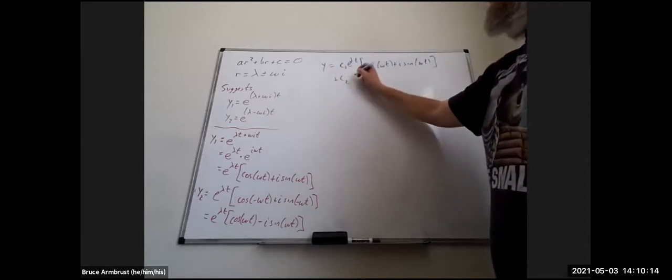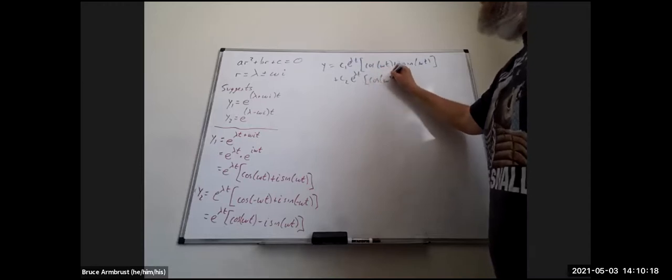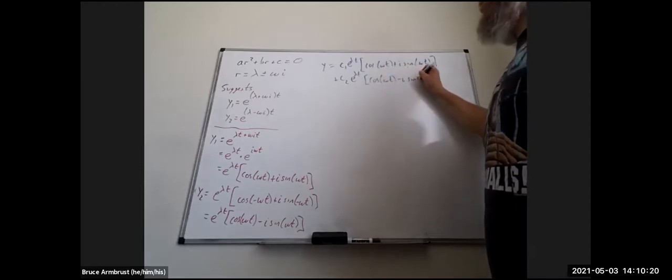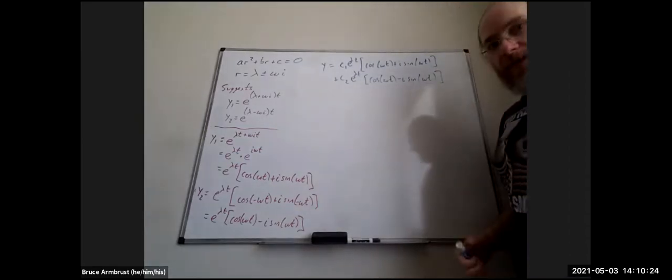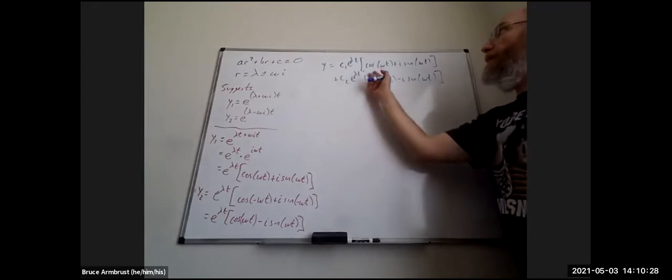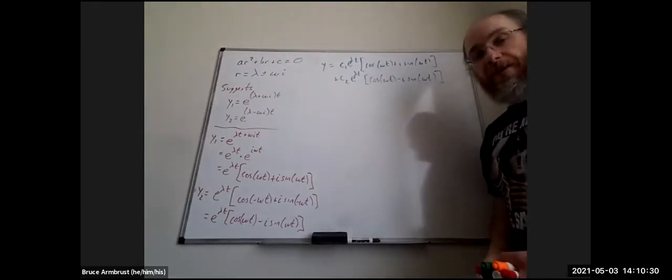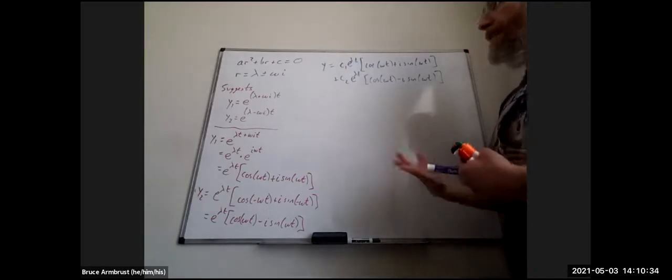In fact, those c's could even have imaginary numbers in them. All we need to do is make sure that c1 and c2 are such that when they're combined, they give us real coefficients for both sine and cosine, and that we totally can do.